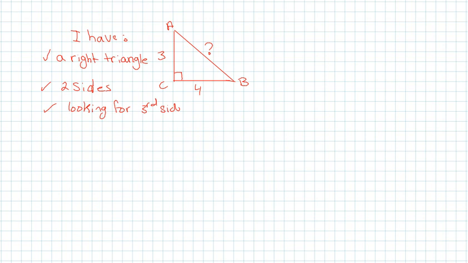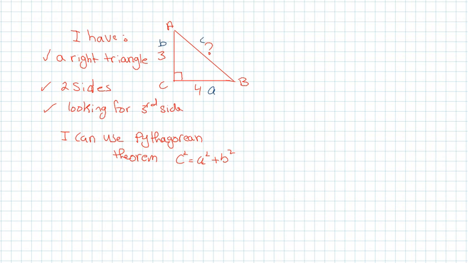If I have all these three, then I can use the Pythagorean theorem, which states that c squared equals a squared plus b squared. What side am I looking for? I'm looking for c. This is a, and this is b.